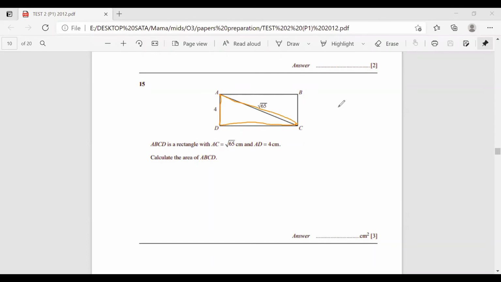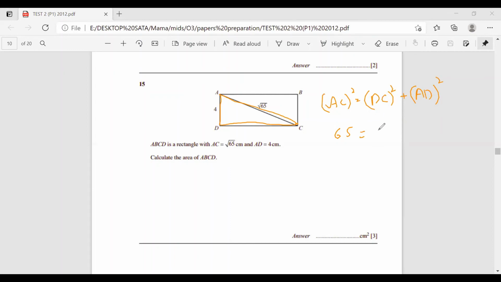If I consider this shape, this is basically a right angle triangle. So if I use Pythagoras theorem, my formula is hypotenuse square equals base square plus perpendicular square, that is AD square. The value of hypotenuse is provided, that is root 65, and after cancellation of root and square you will get 65.